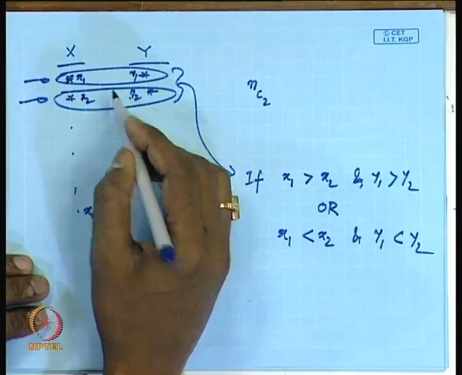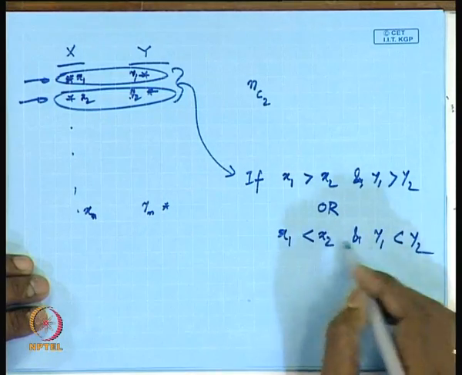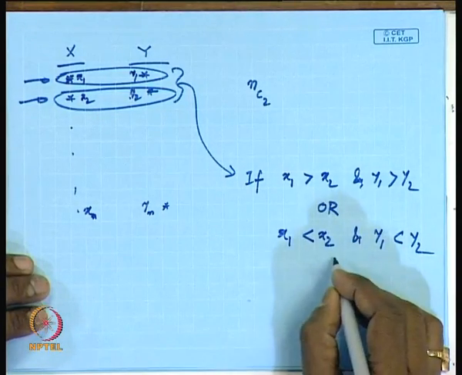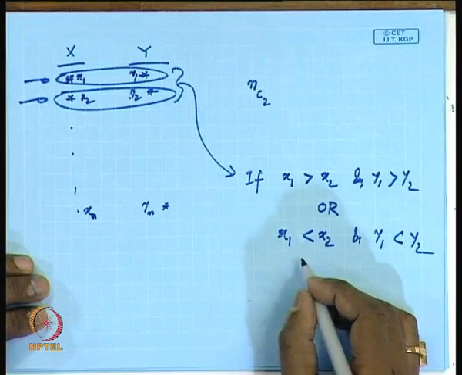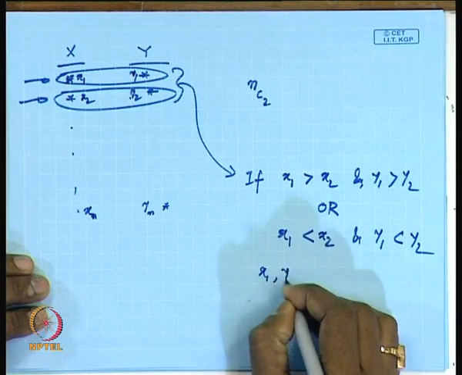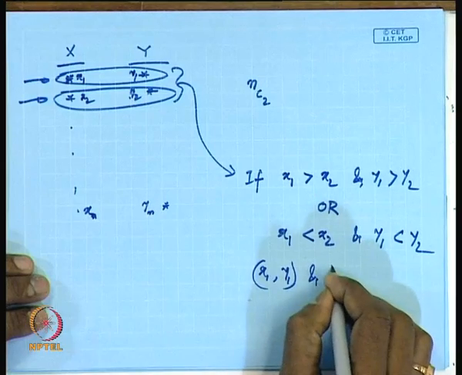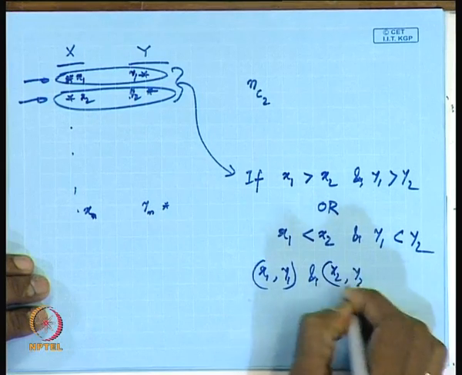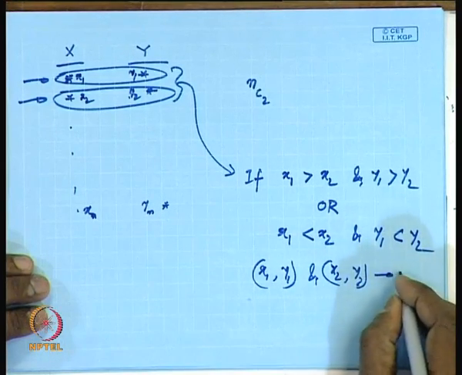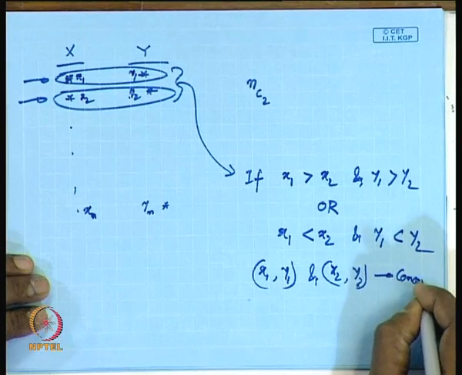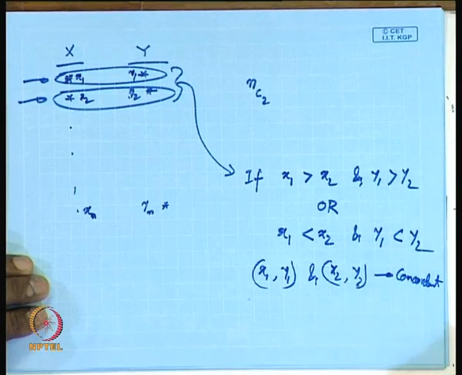If that is so, this is what is explained through this mathematical form. These 2 pairs, the x1 comma y1 and x2 comma y2, are said to be concordant.